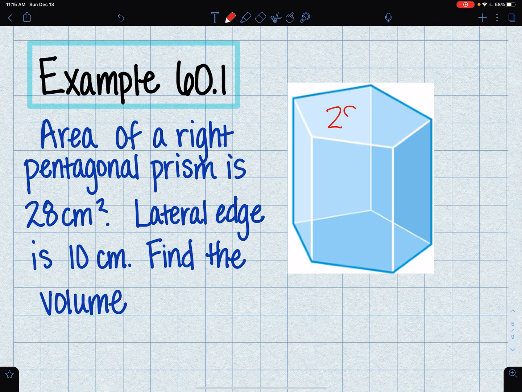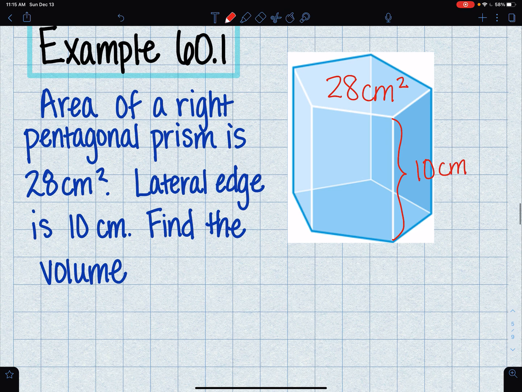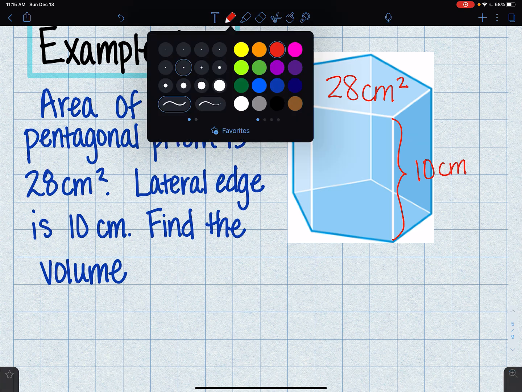So I'm going to write 28 centimeters squared here. Then it says that the lateral edge, so this is one of the lateral edges right there, the distance there is 10 centimeters. Find the volume. Okay, this is easy peasy. They gave us everything we need to know to figure this out easily, right?